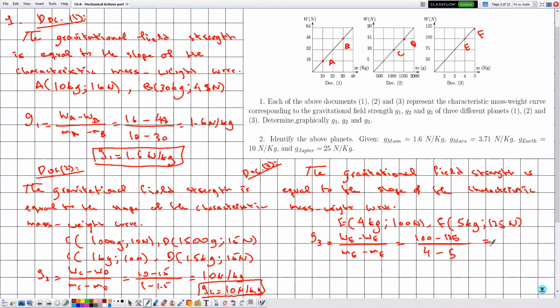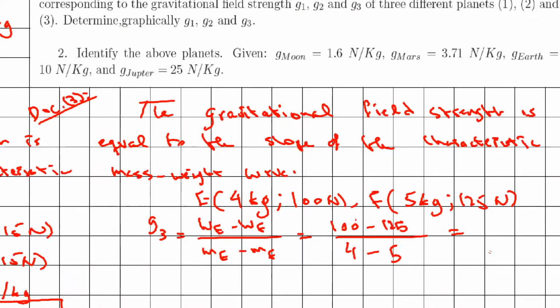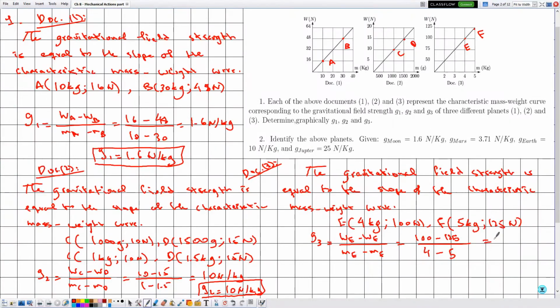Plugging this into the calculator, here we have 25 over 1, so it's 25 newtons per kilogram. So G3 is given by 25 newtons per kilogram because everything is expressed in SI.